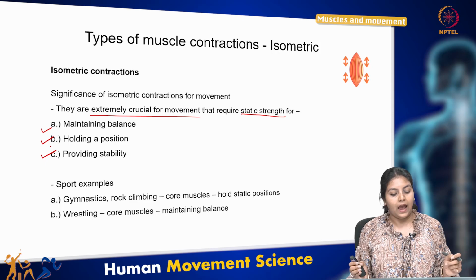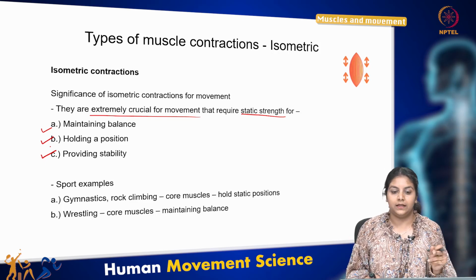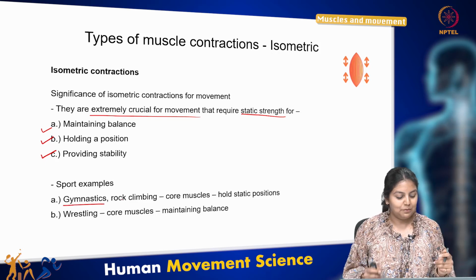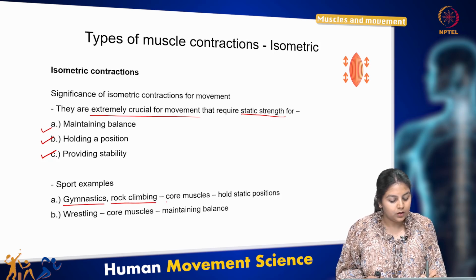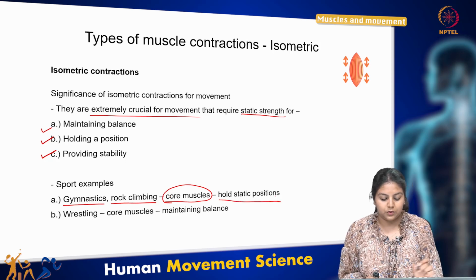So let's look at all of these characteristics of static strength provided by the isometric contraction in sport examples. For example, in gymnastics and rock climbing, the core muscles undergo isometric contraction to hold static positions.